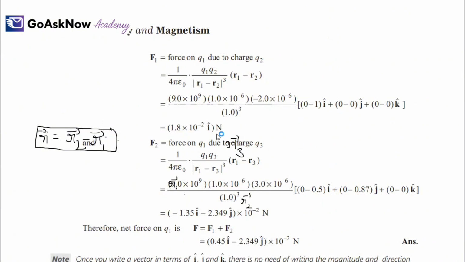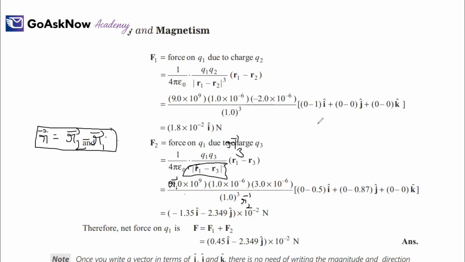Similarly, the force on Q1 due to charge Q3, denoted by F2, is equal to 1 by 4 pi epsilon naught Q1 Q3. Here r1 minus r3 will come, because the position vectors are r1 and r3. So r1 minus r3 in the numerator, and in the denominator it will be the magnitude of r1 minus r3 vector whole cube. This is the vectorial form.